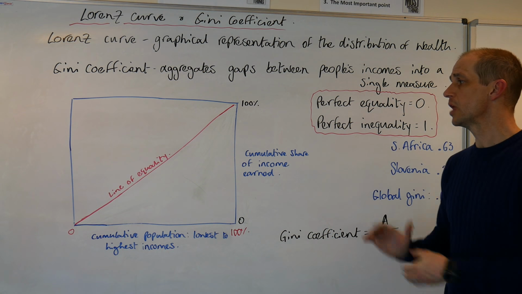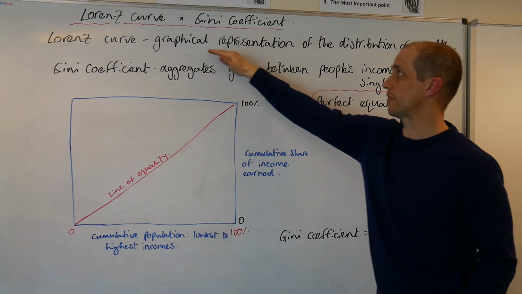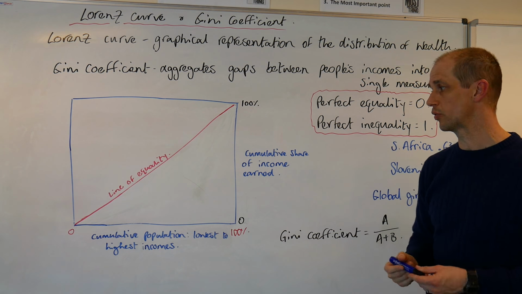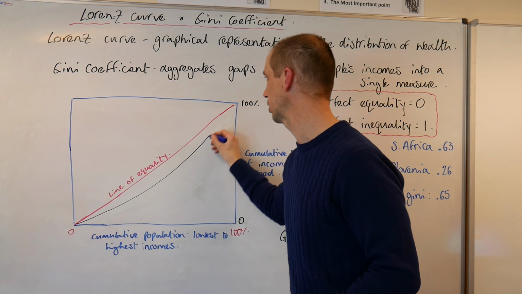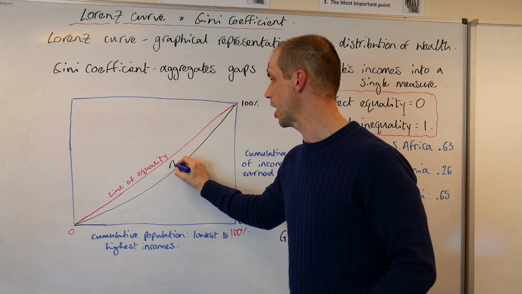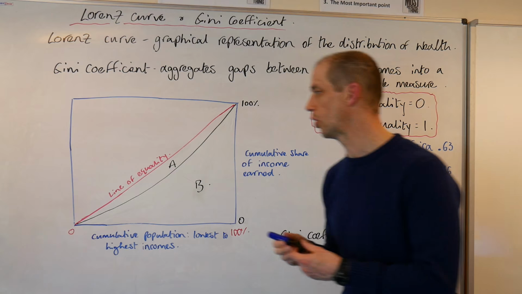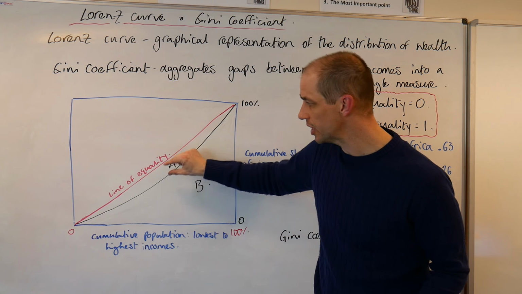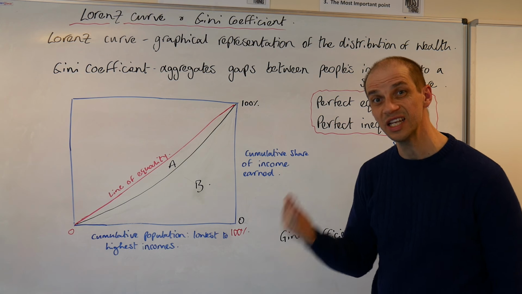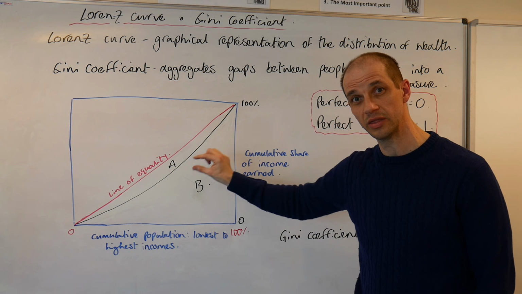Now if we just consider our graphical representation of this Lorenz curve, if I was to draw in a Lorenz curve looking something like so, according to that black line there, we can see that it's not on the line of equality, so there is some inequality within this society.